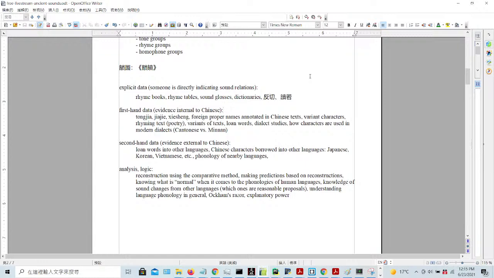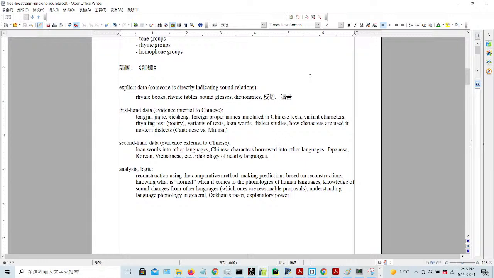We have loan words. Like, I just wrote a paper for a conference that was about basically when you're trying to analyze ancient forms of written Korean using Chinese characters, which stages of Chinese should you be taking into account. And in that paper, one of the big sections is loan words from Old Chinese into Korean.